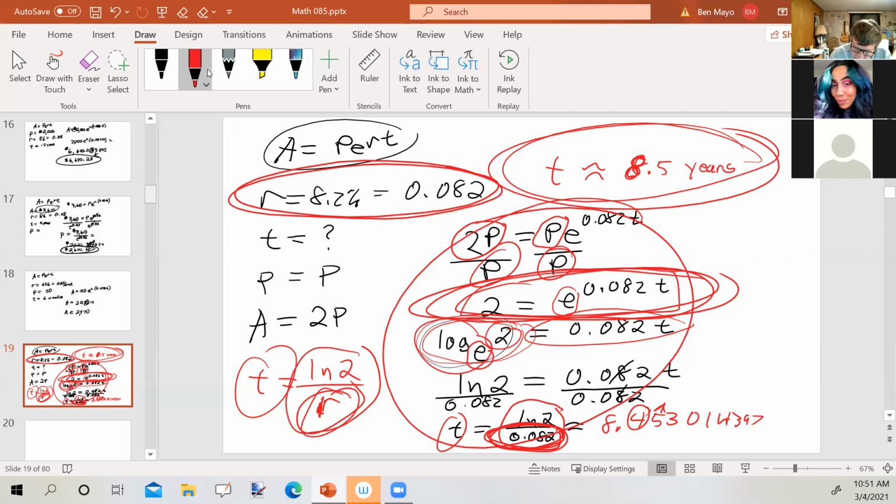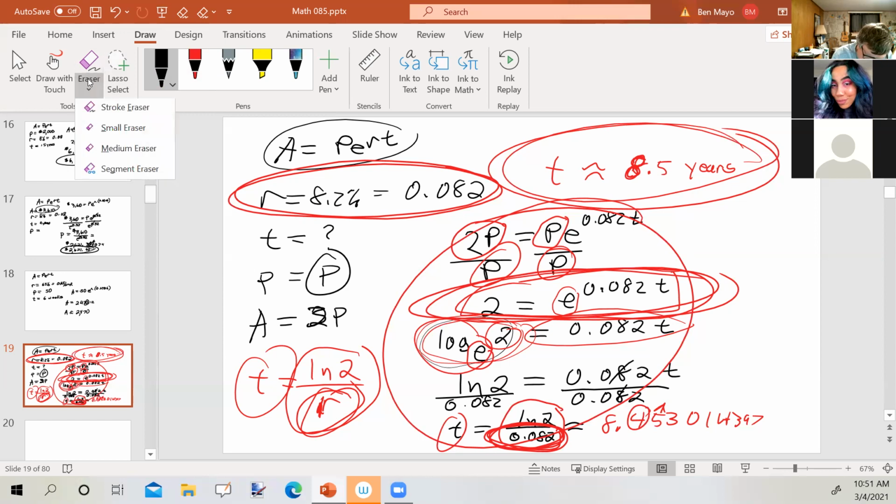What if we were going to triple the population? What if everything was the same, we didn't know the beginning amount, but we were going to end up with 3 times that? What would you replace with 3? The 2.